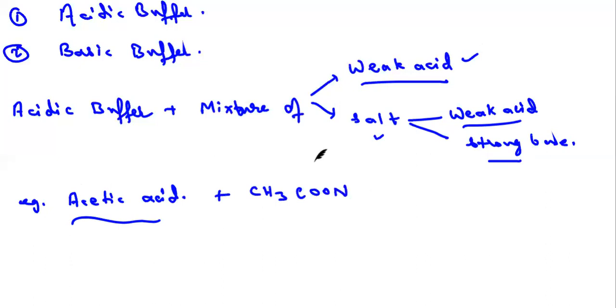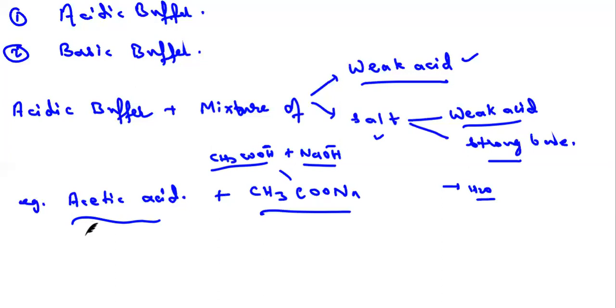Because it is made up of that same acetic acid, CH3COOH, and Na, which comes from a strong base, NaOH. When CH3COOH and NaOH combine, they form H2O, right? We don't need the H2O, but we are taking CH3COONa. So when you take a mixture of both these things, we will get the acidic buffer.